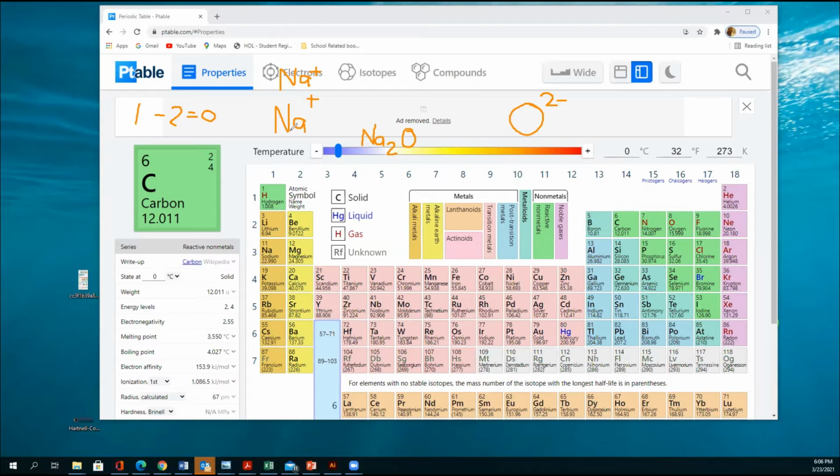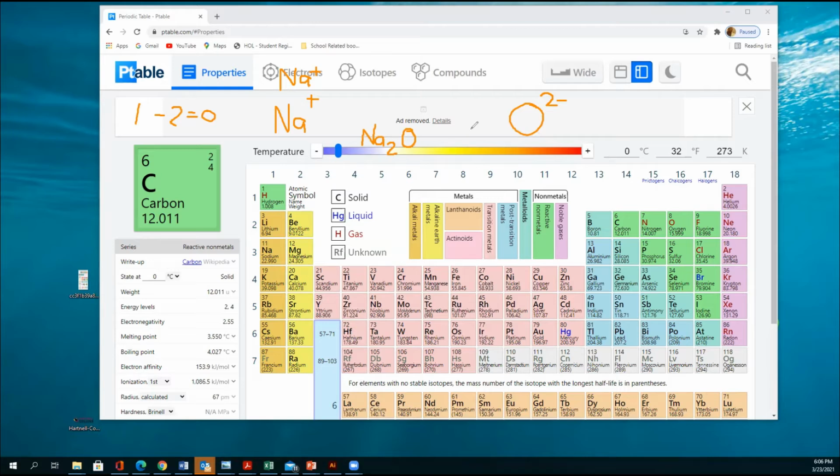Does that make sense? Yes. So at the end of the day, it has to add up to 0. Each sodium here has a +1, and this oxygen is a -2.